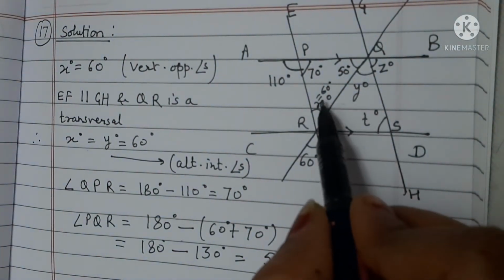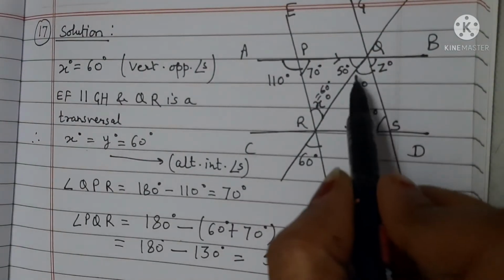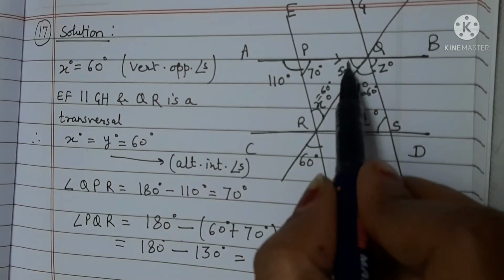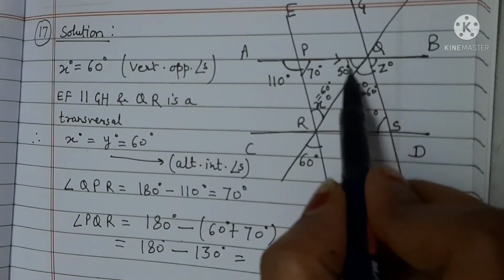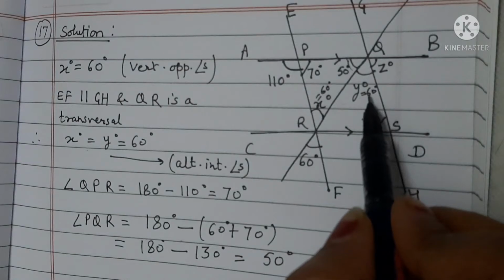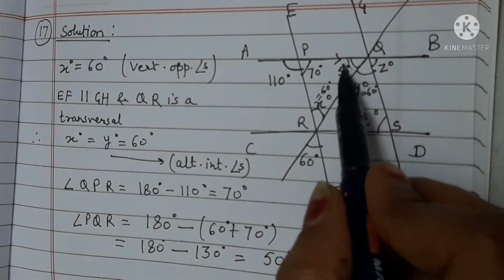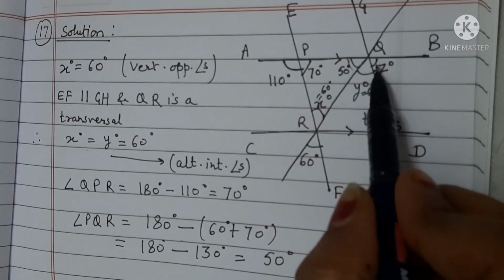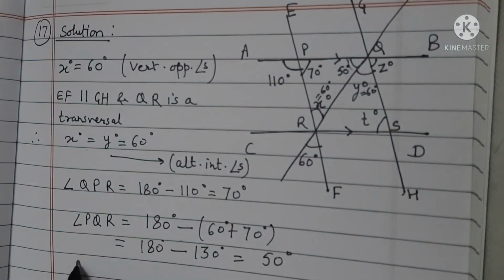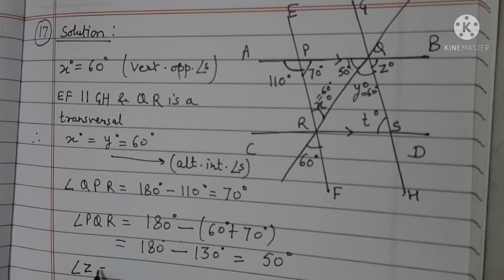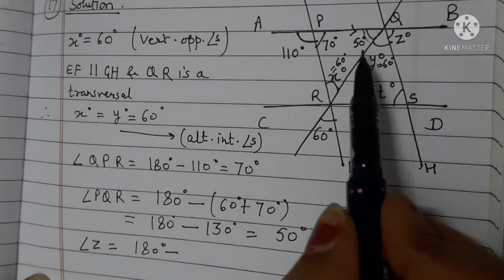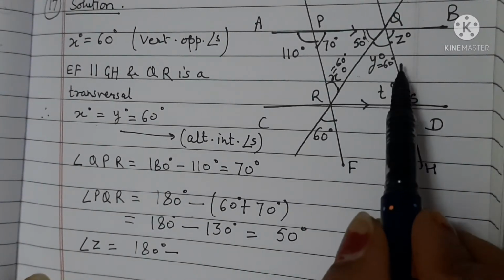And Y equal to X, this is 60 degrees. This whole 50 plus 60 is 110 degrees. So subtract from 180, you will get Z. So right here angle Z is equal to 180 degrees minus this 50 plus 60 degrees.